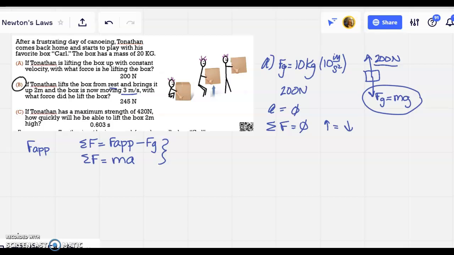So if we look at and draw a picture, look at the box and draw a picture, we know that the force of gravity is 200 newtons. And he's got to cause it to accelerate. Well, what's our acceleration? Okay, well, we know that the initial velocity is 0. We know that the final velocity is 3 meters per second. We know that delta y is 2 meters, and we're looking for a. So I can only use the vf squared equation here.